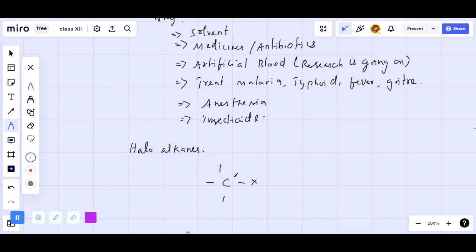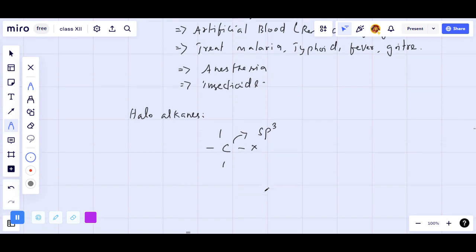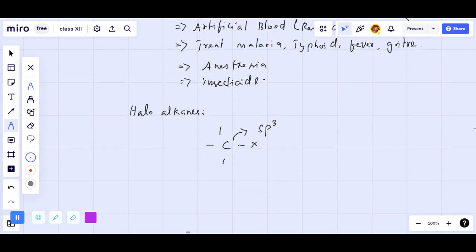So this carbon is sp3 hybridized carbon in haloalkanes. Based on this, we are going to see the classification of haloalkanes and haloarenes.